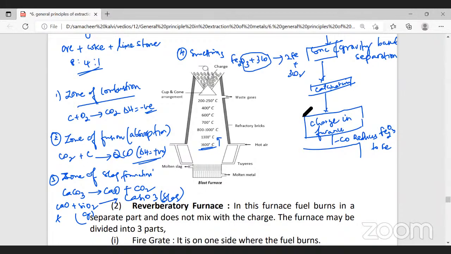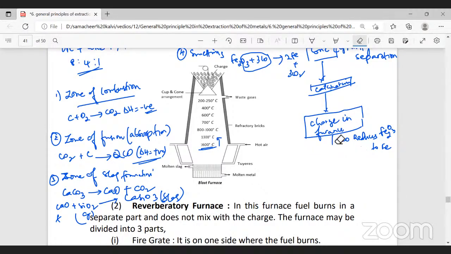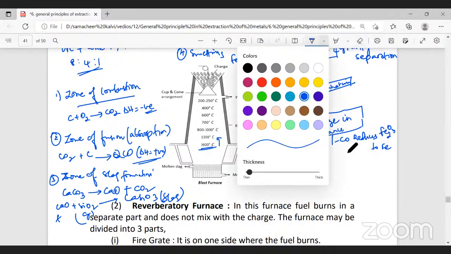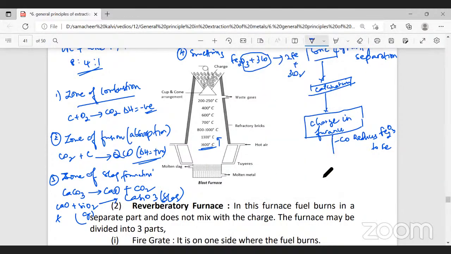This is the reaction I've written here. Once it has been reduced, we get spongy iron.